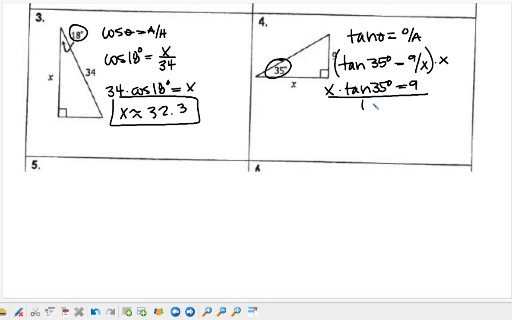And then I need to isolate x, so I'm going to divide by tan of 35. So I get x is equal to 9 over tangent of 35 degrees. Type that in the calculator and you get x is approximately equal to 12.9.